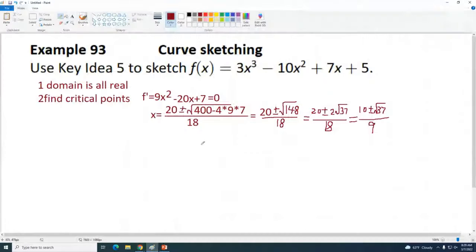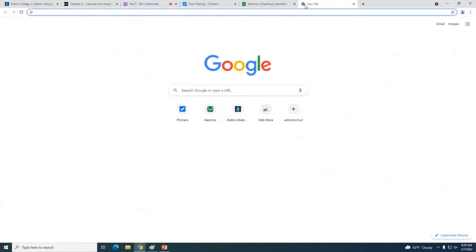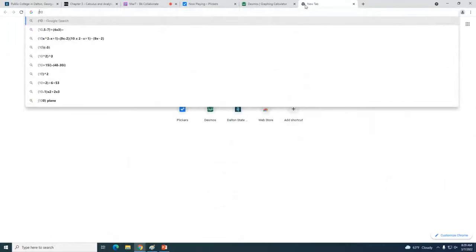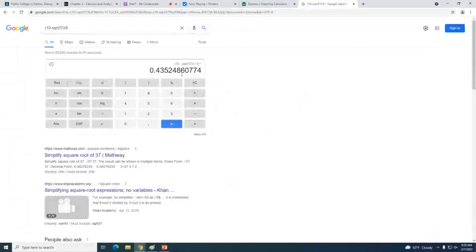We can double check if it's the right number by popping this into a calculator. The two numbers that we found are 10 minus root of 37 over 9, and 10 plus root of 37 over 9. Let's see what that value is on a calculator. 10 minus square root 37 over 9 is 0.435.